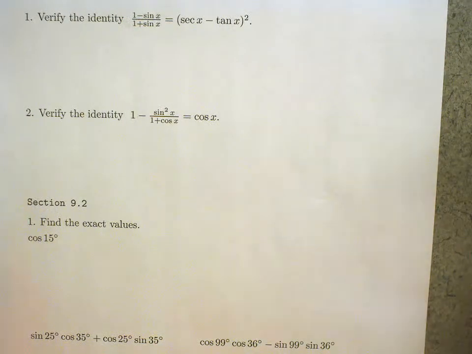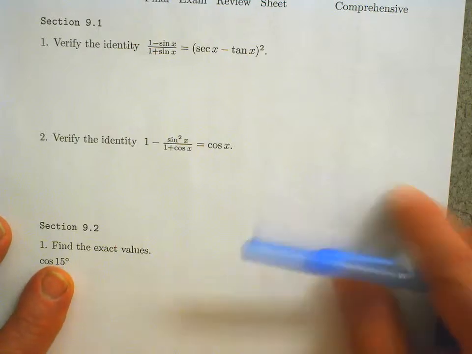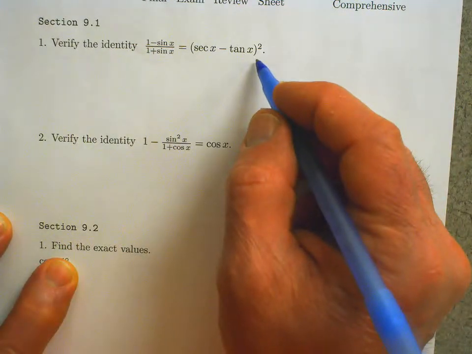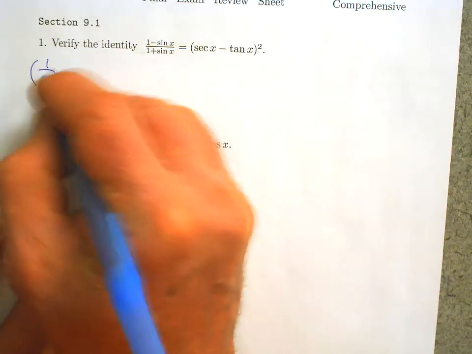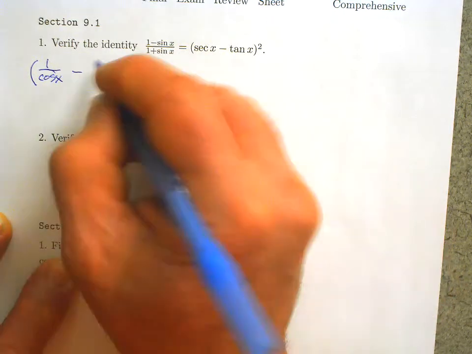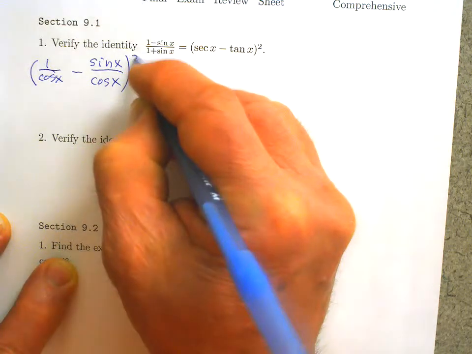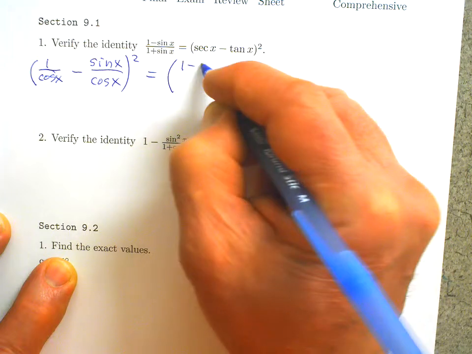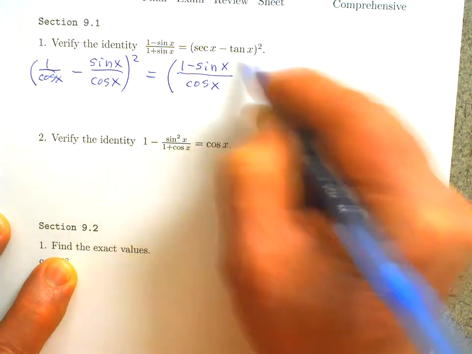Verify the identity. Well, if you begin on the right and replace secant of x with 1 over cosine of x, replace tangent of x with sine of x over cosine of x, and we're squaring this, then this is 1 minus sine of x over cosine of x, squared.